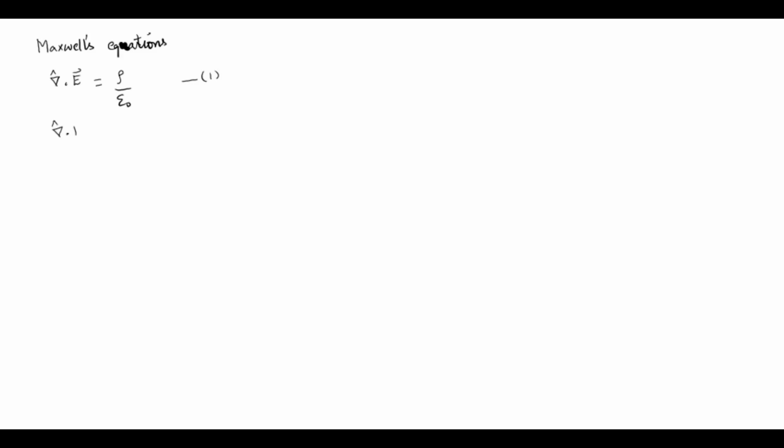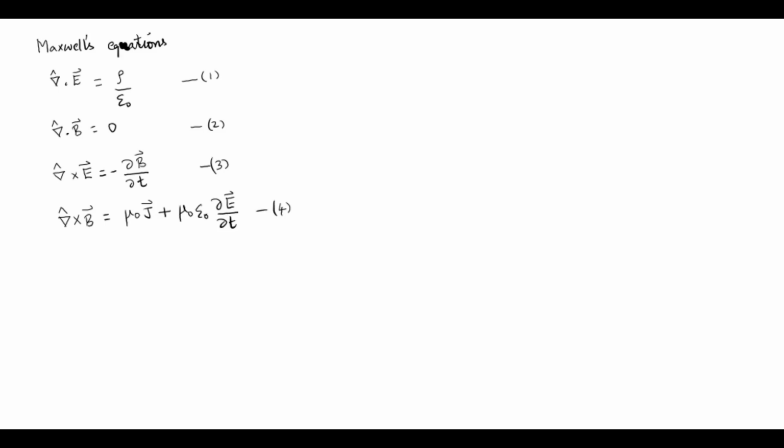Del dot B is equal to 0, you call it as equation number 2. Del cross E vector is equal to minus partial B with respect to T, you call equation number 3. Del cross B vector is equal to mu naught J plus mu naught epsilon 0 partial derivative of E with respect to T, you call by equation number 4.